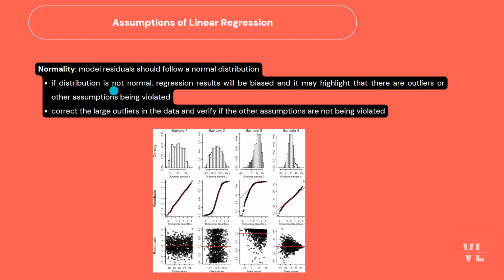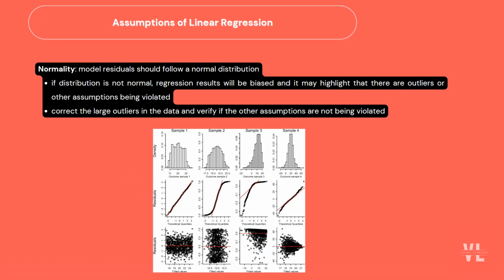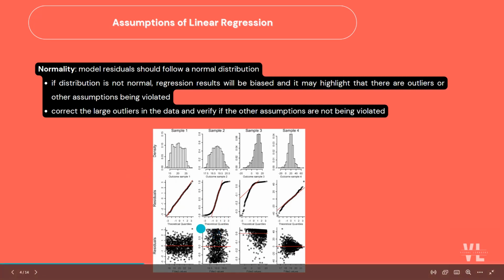If the distribution is not normal, regression results will be biased, and it may highlight that there are outliers or other assumptions being violated. So if we don't normalize our data, there might be a lot of outliers in our data distribution, and our model will actually be influenced by those outliers rather than mimicking most of the data.